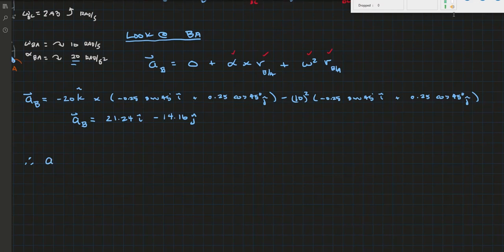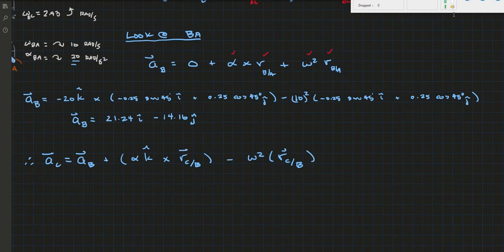Okay, therefore, our acceleration of C is going to be this acceleration of B we just calculated, plus, again, our alpha K cross our C with respect to B this time, minus omega squared times our C with respect to B.